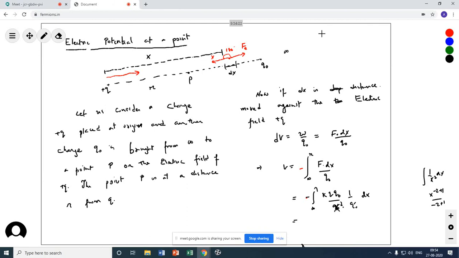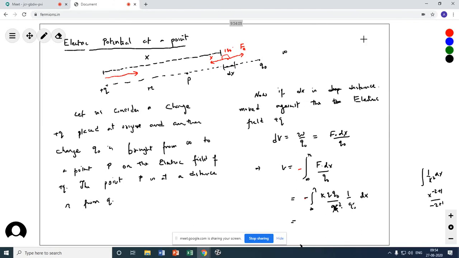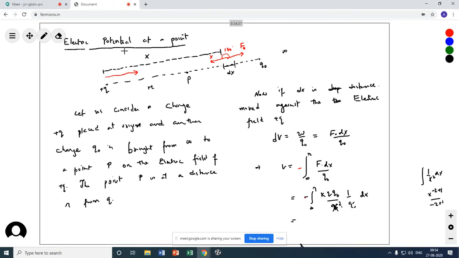Please make these things clear, very clearly here, that at this point where the charge Q naught is there is a repulsive force, which is the Coulomb force Fe, and there is an action force which you are giving to bring it. But this comes into play when this is present.